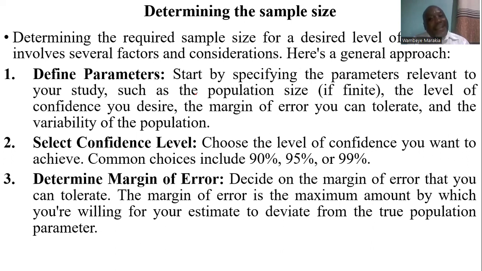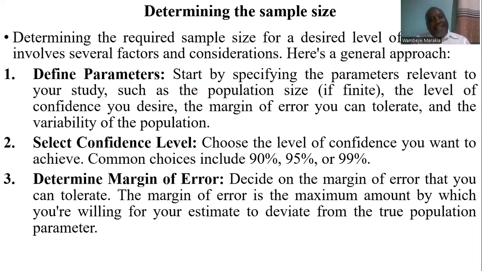Also determine the margin of error you can tolerate and the variability of the population. Second, select the confidence level. Choose the level of confidence you want to achieve. Common choices, as I've told you, are 90%, 95%, or 99%.